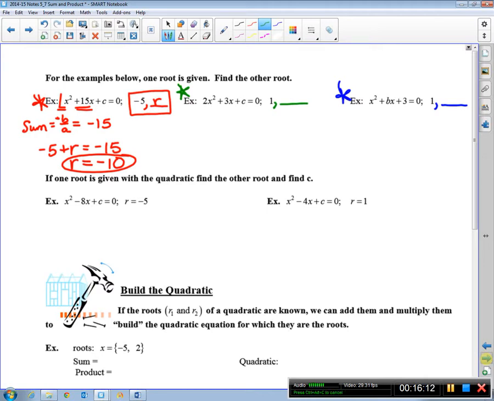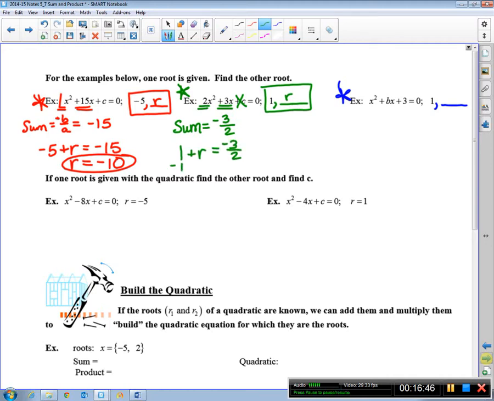Let's try the next one. What information do we have in the quadratic? C is missing again. I have A and I have B. So I have to work with the sum. The sum of the roots would be negative 3 over 2. So let's call that second root r. And we know if we added those two roots together, we should get negative 3 over 2.